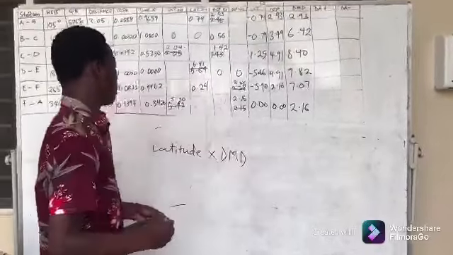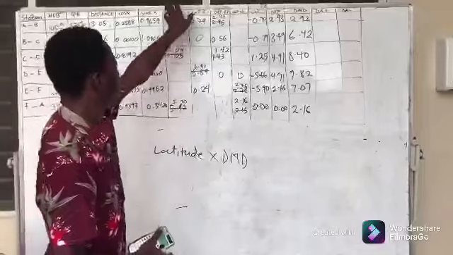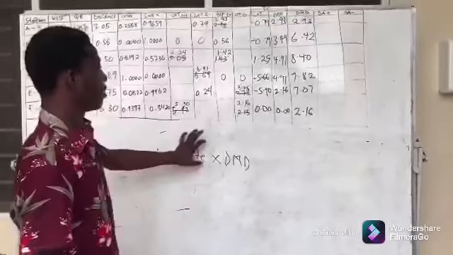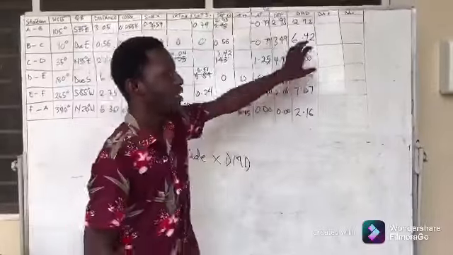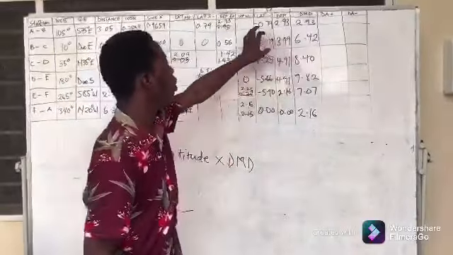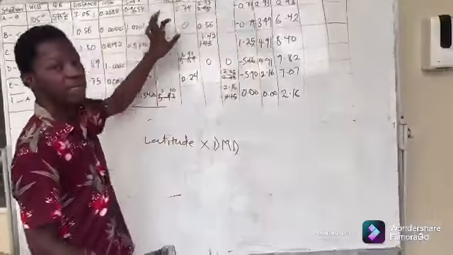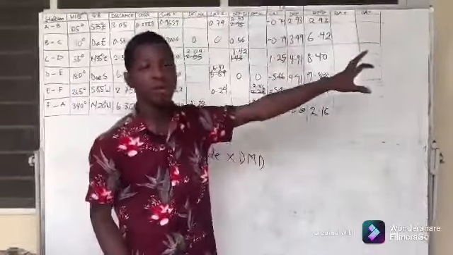And mind you, the latitude is this section. You are going to use the latitude under this section to multiply the DMD to get the double area. You will not use the latitude under the total coordinates. You use this latitude to find the double area.